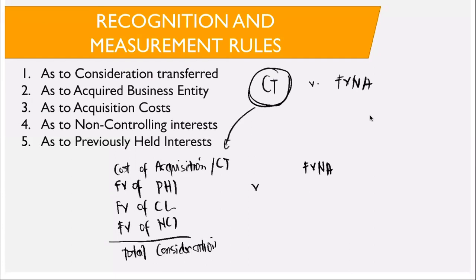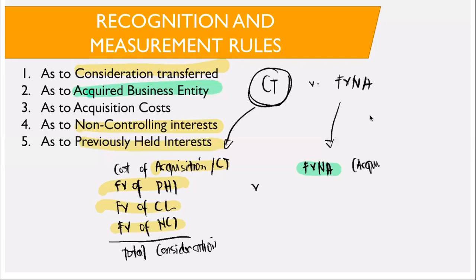Okay? So when we talk about consideration transferred versus FVNA, consideration transferred is composed of the following. Your consideration transferred on the acquisition. You also have your non-controlling interest. You also have your previously held interest, including any contingent liability. Okay? When we talk about FVNA, that is only the measurement of the acquired business entity.